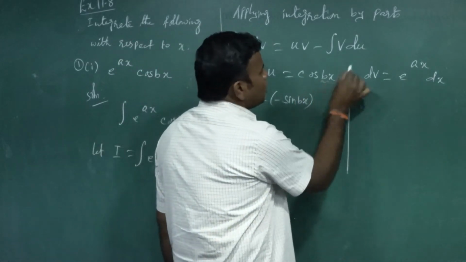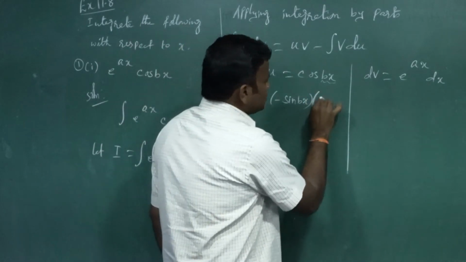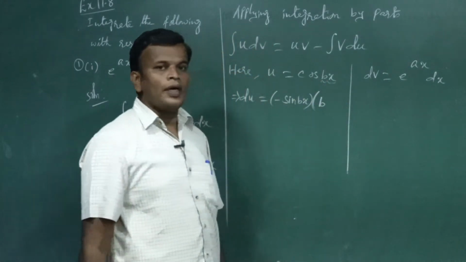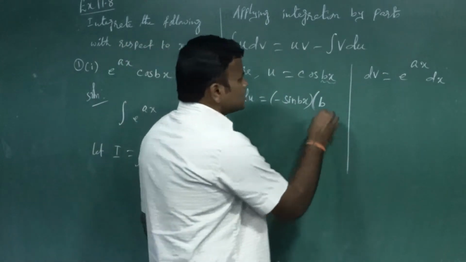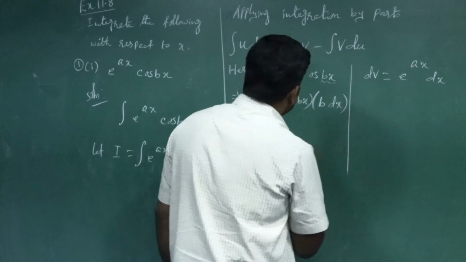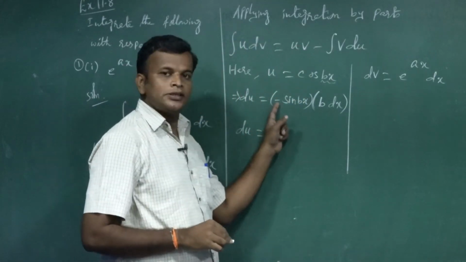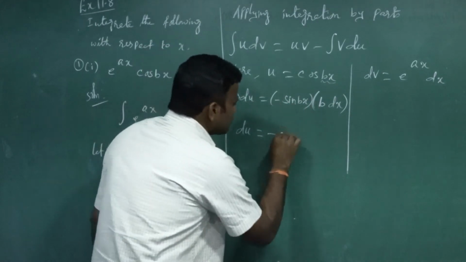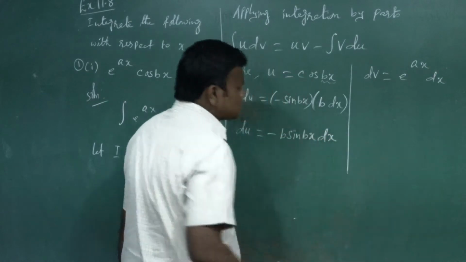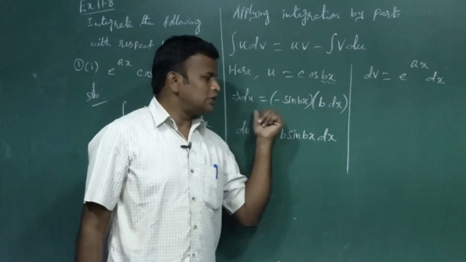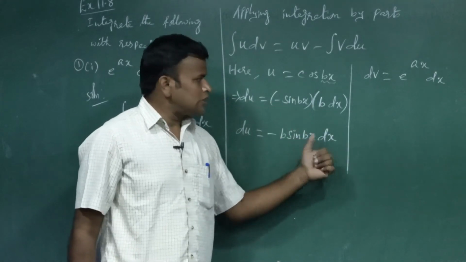Again, the differential of bx: b is a constant, and the differential of x with respect to x is dx. So b dx. So the value of du is minus b sin bx into dx.